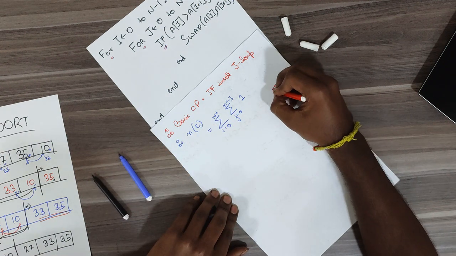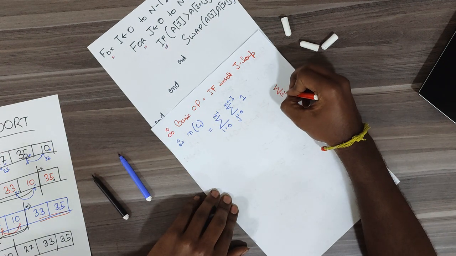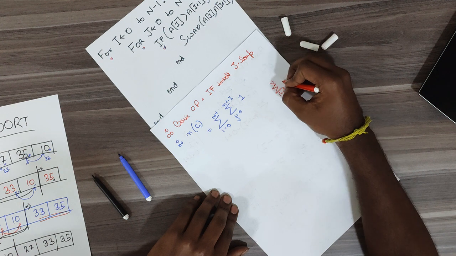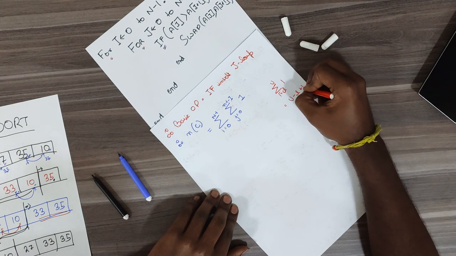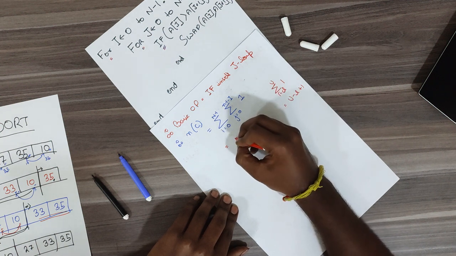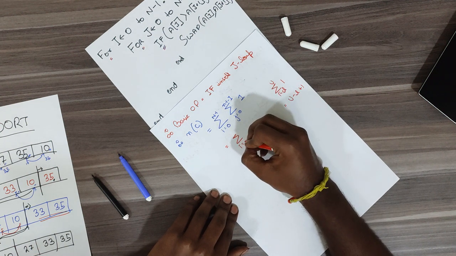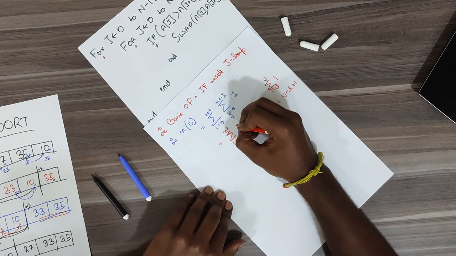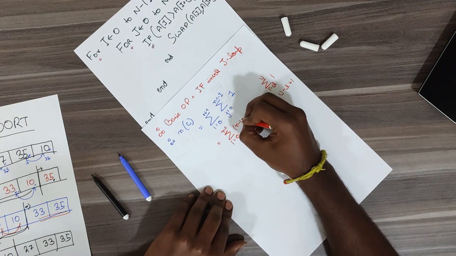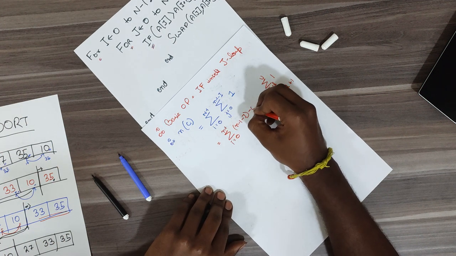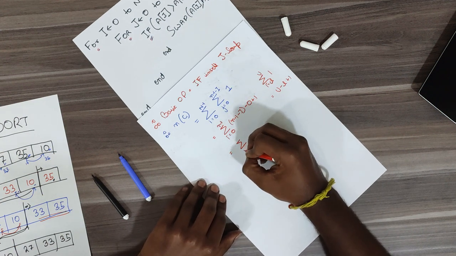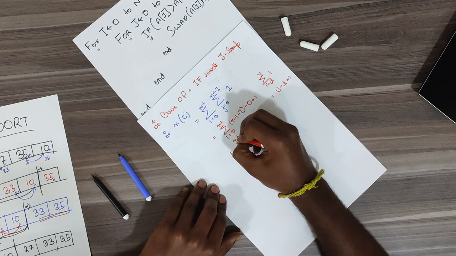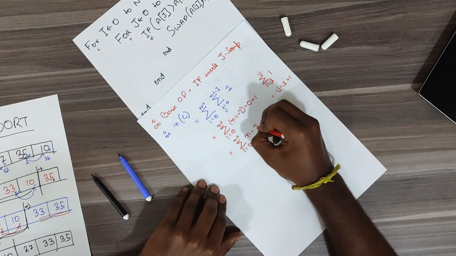We know that the sum from i equals lower bound to upper bound of 1 is nothing but upper bound minus lower bound plus 1. Applying the same formula, sigma i equals 0 to n minus 1 of 1 is n minus 1 minus 0 plus 1, which results in sigma i equals 0 to n minus 1 of (n minus i).